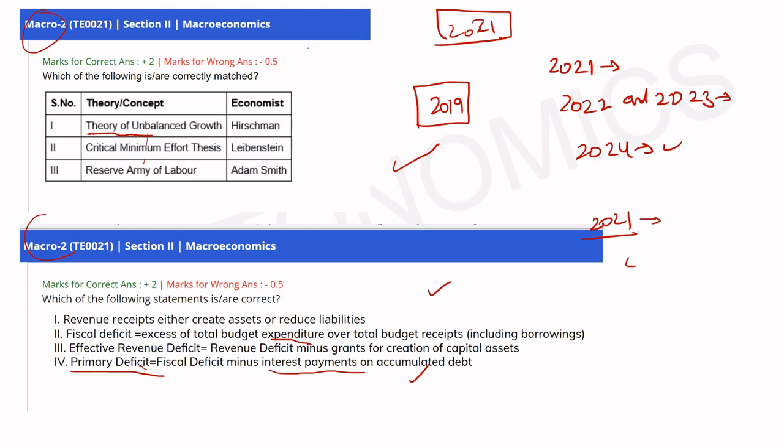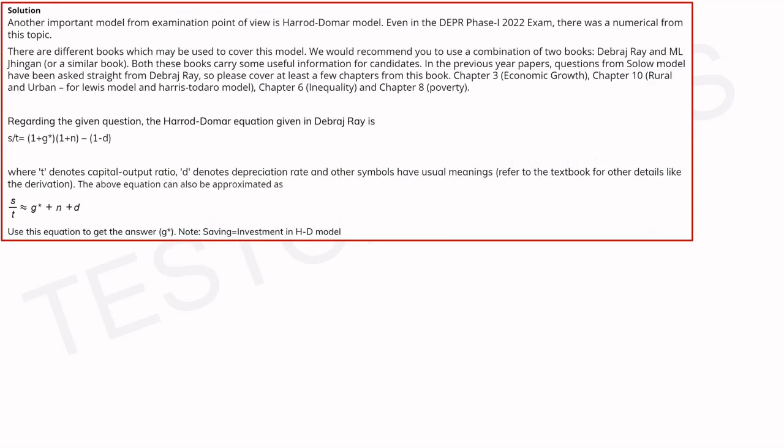Moving on. Similarly, in our test series, we had a question on the Harrod-Domar model, and this was the solution panel for that question. Clearly, if you know this formula and what the different parameters stand for, you could have easily attempted that 2023 question on the Harrod-Domar model. And again, this is a previous year question.